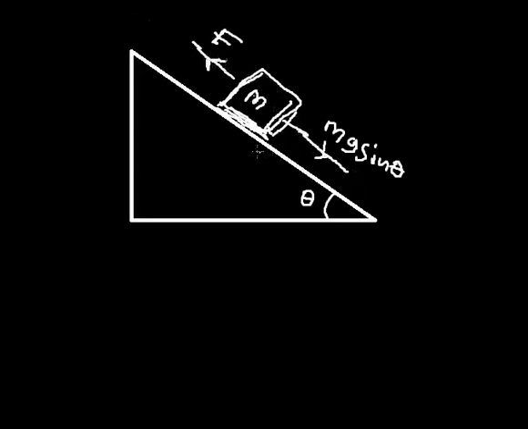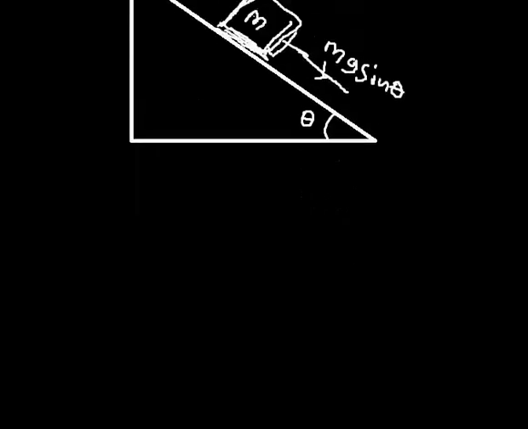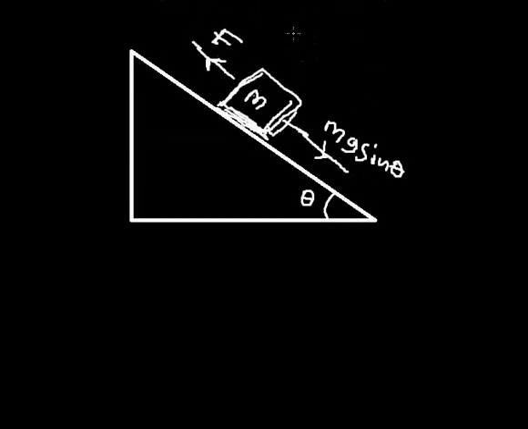And for the fact that we are studying static frictional force, we should note that this particular mass is at equilibrium. It's at rest, it's not moving. So that simply means that the net force, which is equal to the force pulling the mass downward, mg sin theta, minus the frictional force, should be equal to 0.